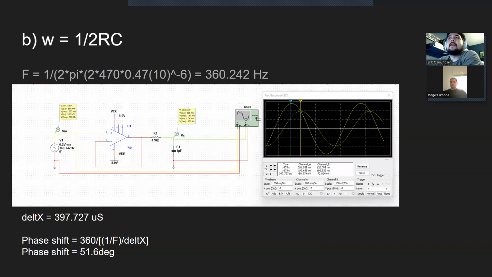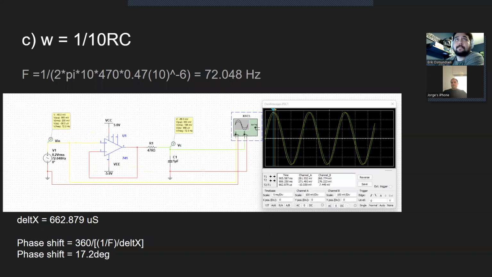For B, I came out with a frequency of 360 hertz, a delta of 397 microseconds, and a phase shift of 51.6 degrees. For C, it was a frequency of 72 hertz, a delta of 662 microseconds, and a phase shift of 70.2 degrees.